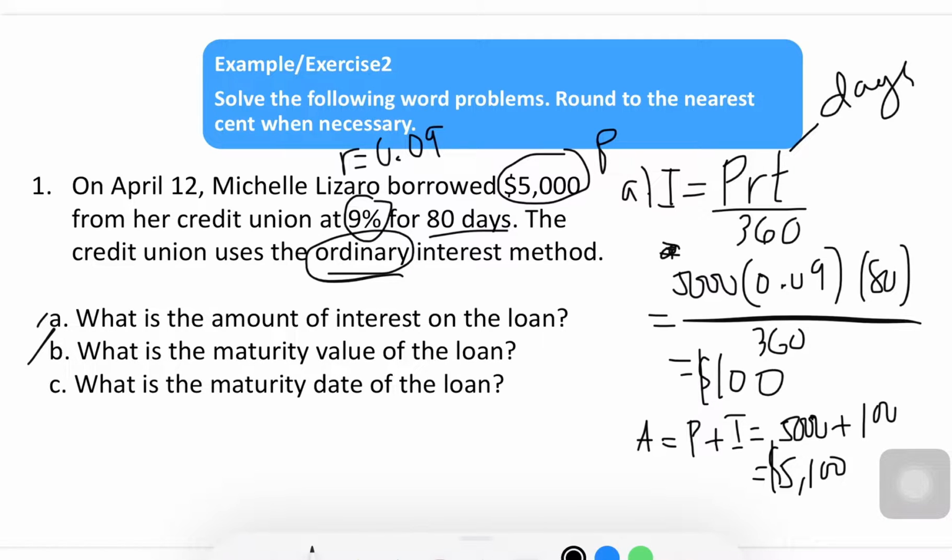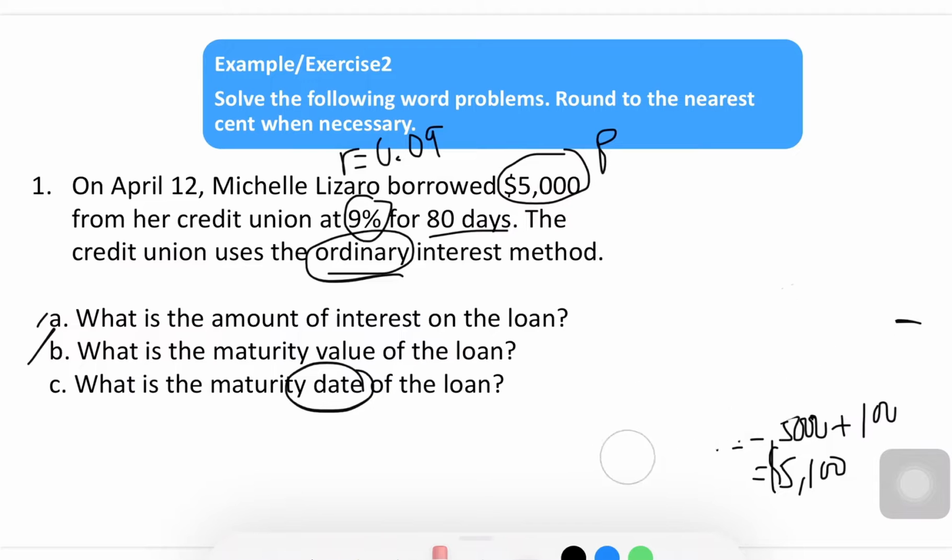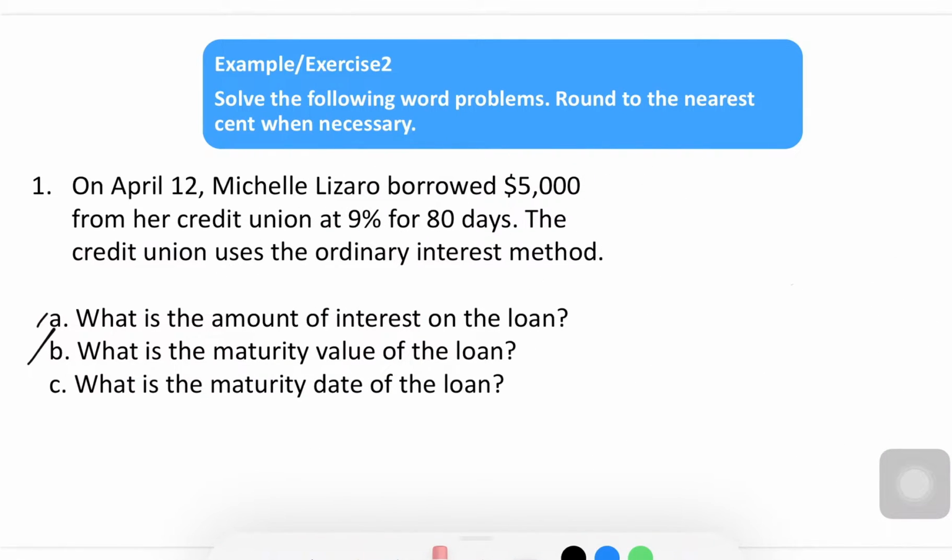Okay, now what is the maturity date? Take note of the date. What is the specific date of the loan? In this particular example, we need to count the number of days in a given calendar. For example, we have April 12.